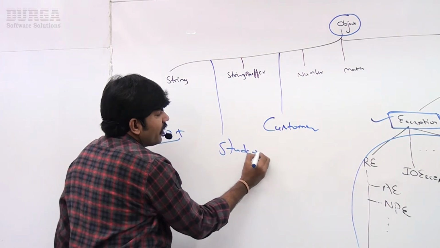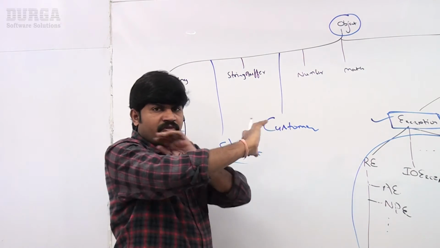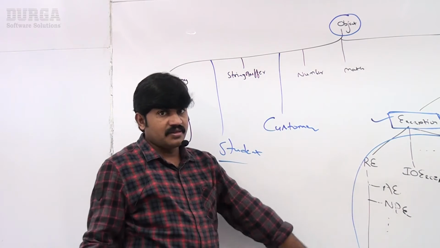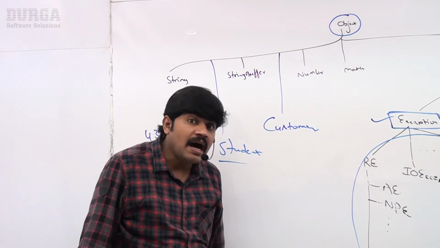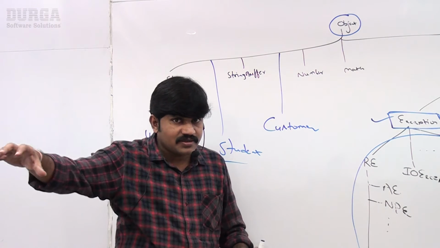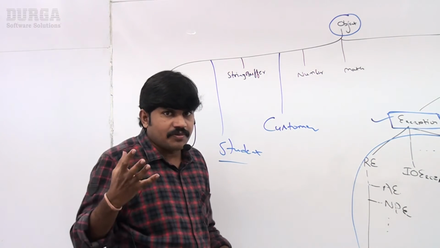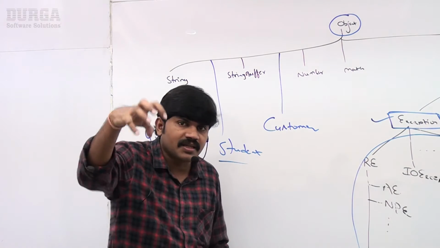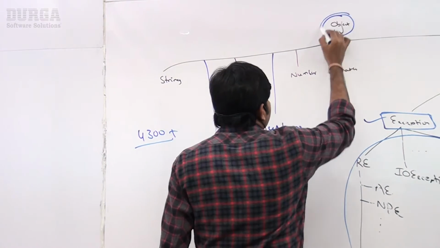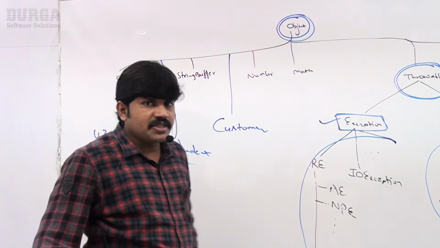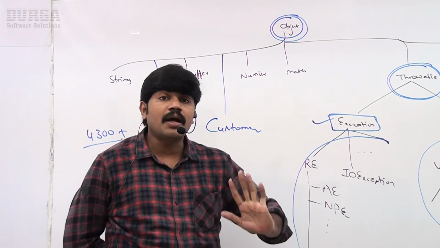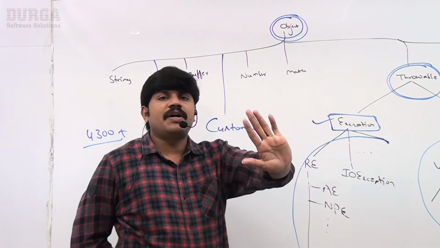Now for any Java class, the most commonly required methods are defined inside a separate class. That separate class is nothing but the Object class. Remember that. So the Object class contains the most commonly required methods which are applicable for any Java object.